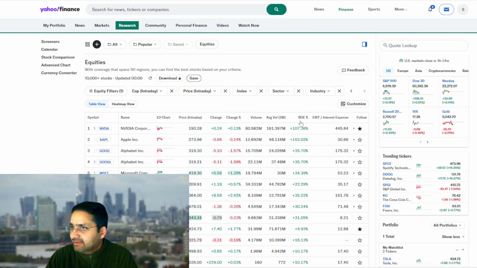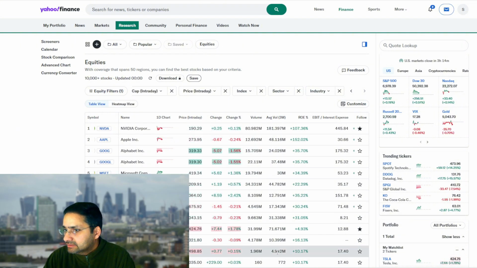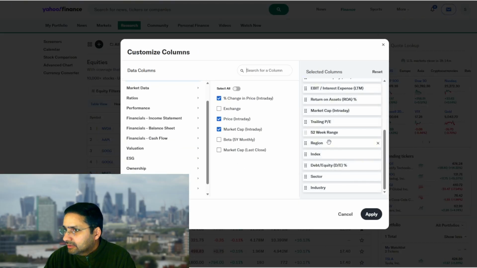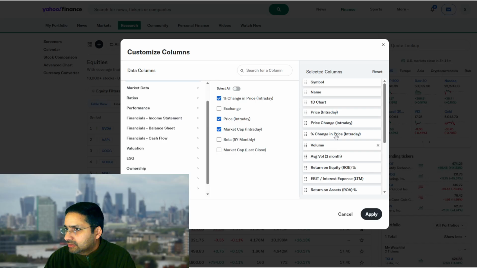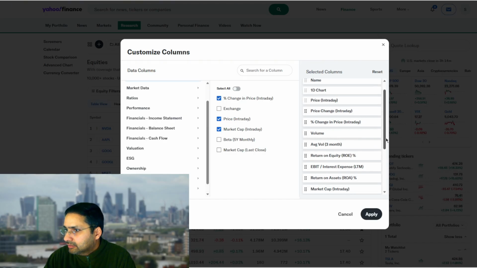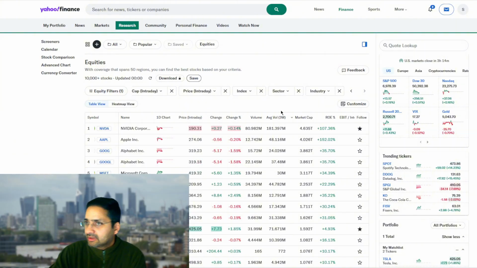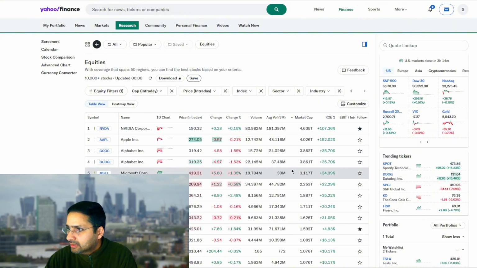Now we have ROE, and let me just do one more thing. Let me move market cap here, just so I can filter, or I can sort by market cap.